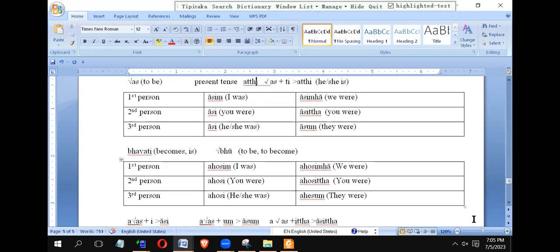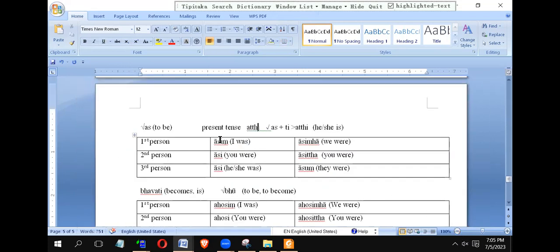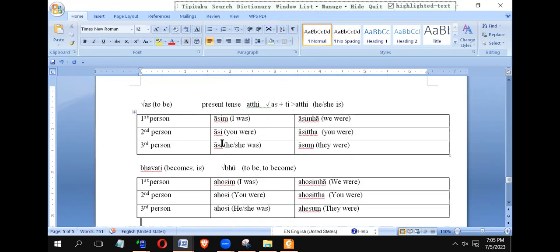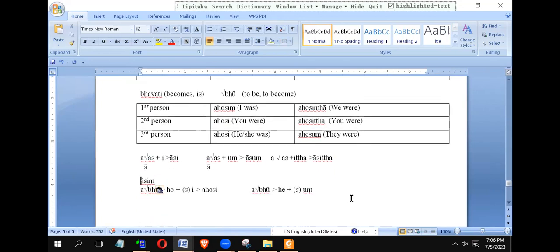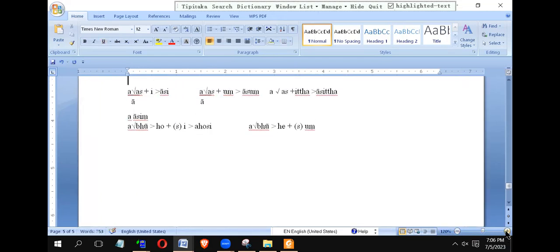For example, those taking the certificate, please remember, try to understand how these formations come to be. Asim is also A plus as and im, all right? How do you get this asim? A plus as plus im, so you get asim, all right?